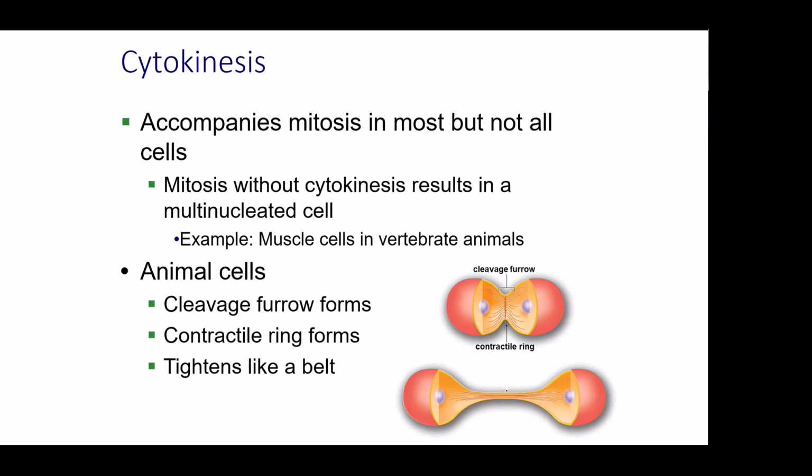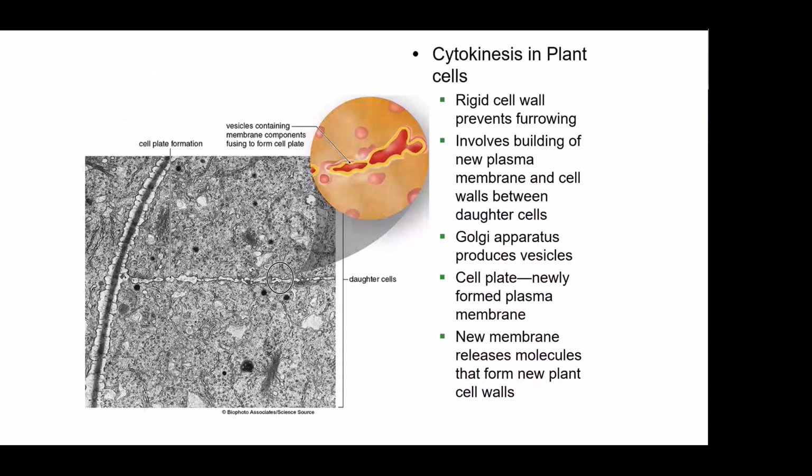Now in plants, what's interesting is that their cell walls are very structured, and cell walls have, as you maybe remember, a ton of structural polysaccharides, a lot of fiber, a lot of really structural material.